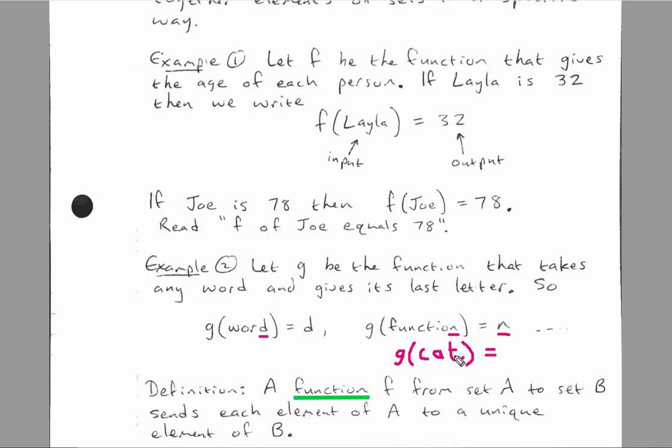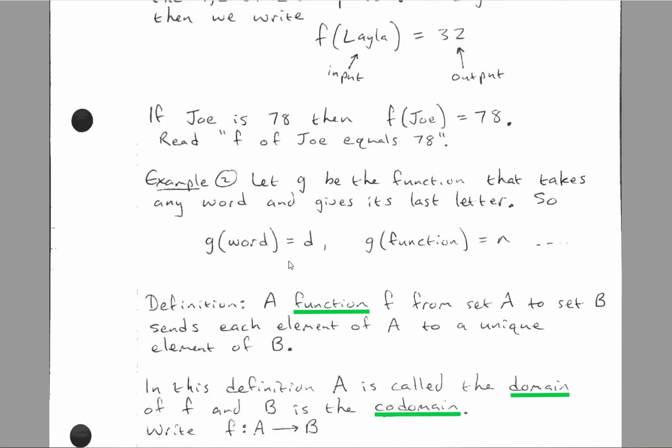Well, for the word cat, the last letter is T, so it returns T. All right, so those are simple examples.